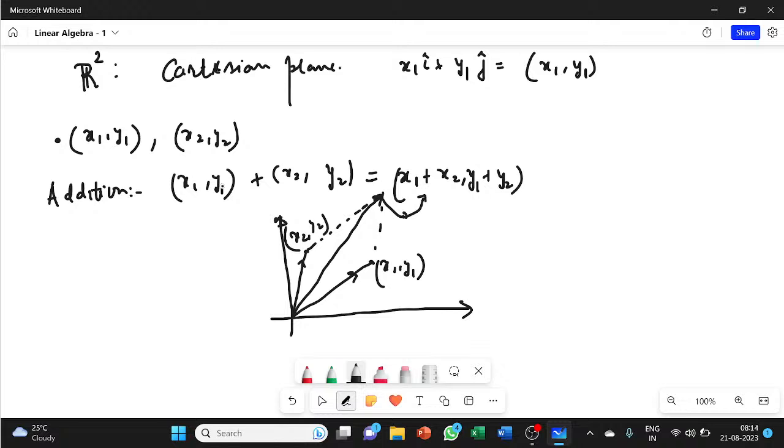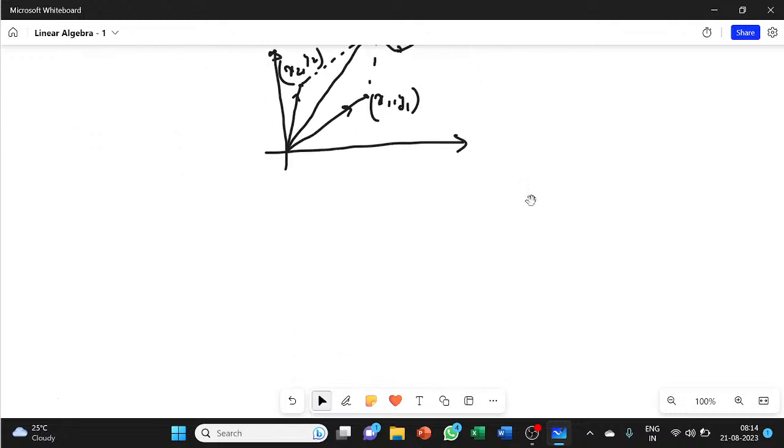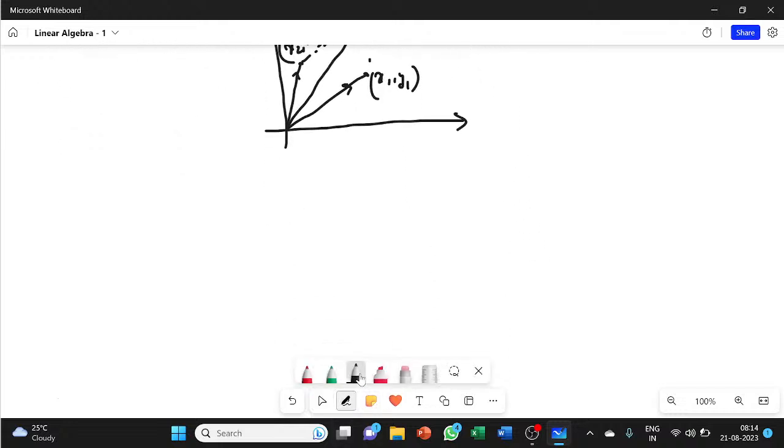Another operation that you can think of is called scalar multiplication. Why I'm doing this? From here we'll take a motivation, and then you'll be able to familiarize yourself with the definition that we give for the linear vector spaces. And as I told you, linear vector spaces are quite important.